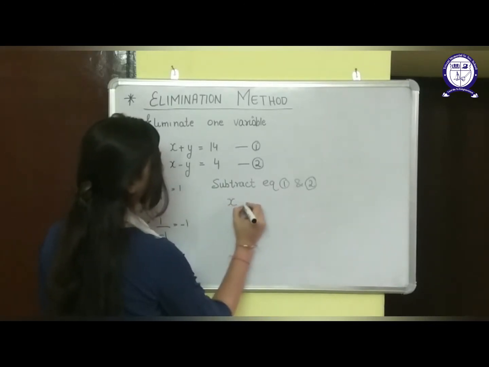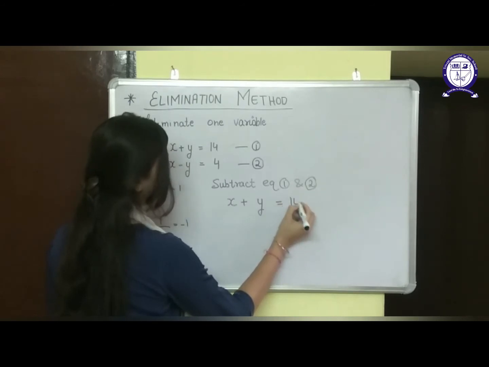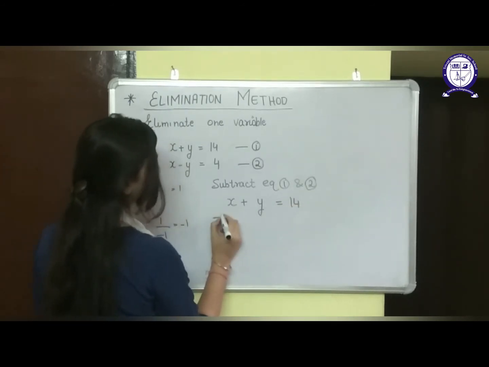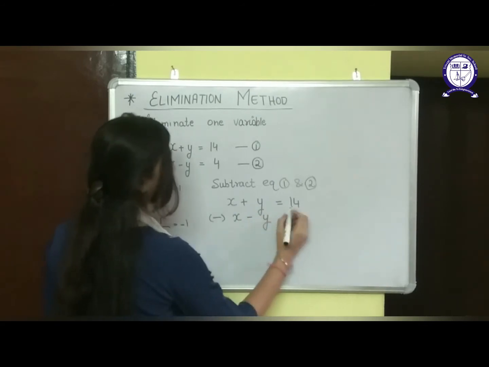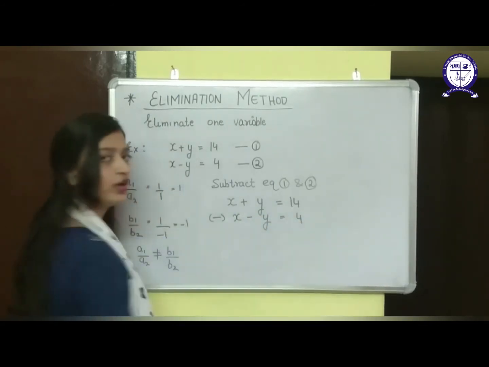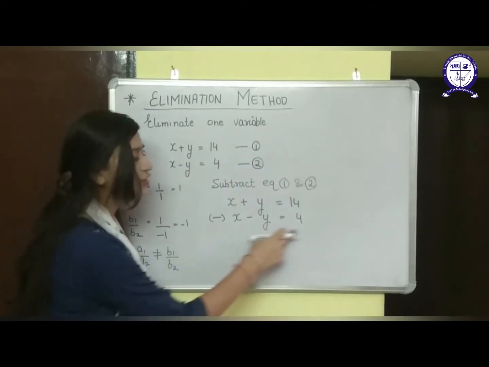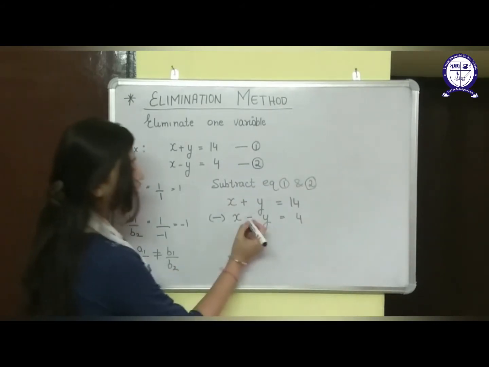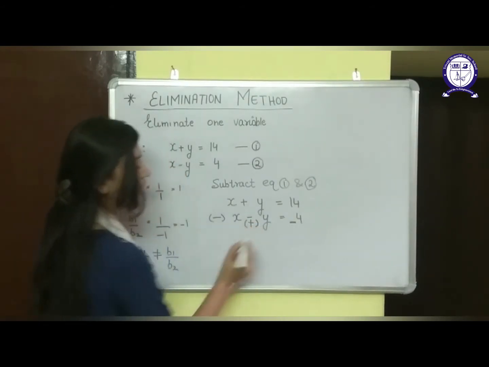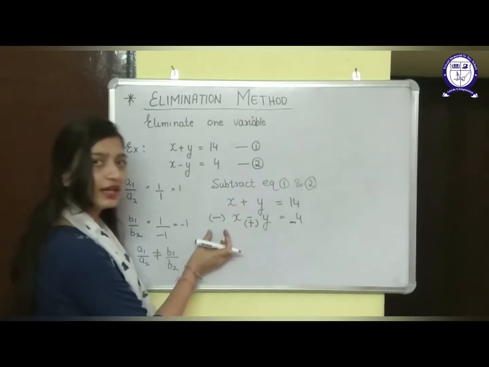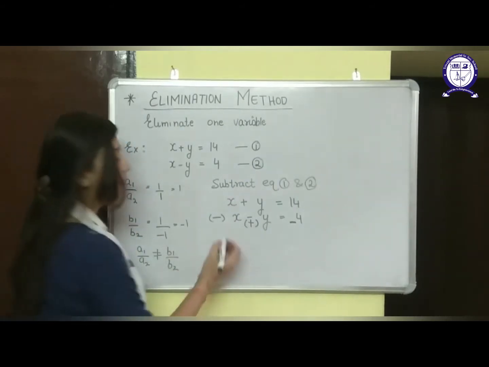So I am writing it like this: x plus y equals 14 minus x minus y equals 4. Okay. Now because of this minus, the signs will change. So it will become plus and it will become minus.